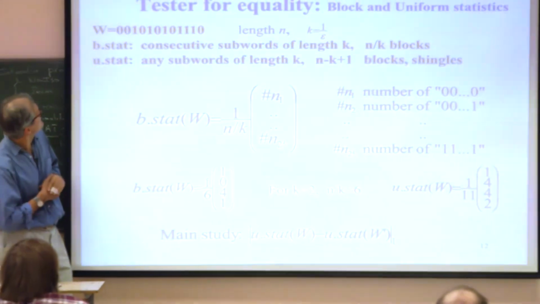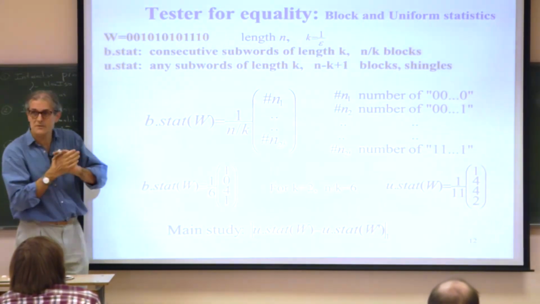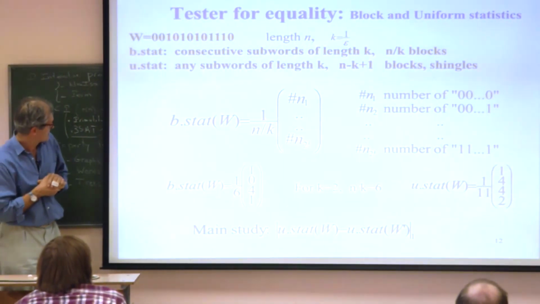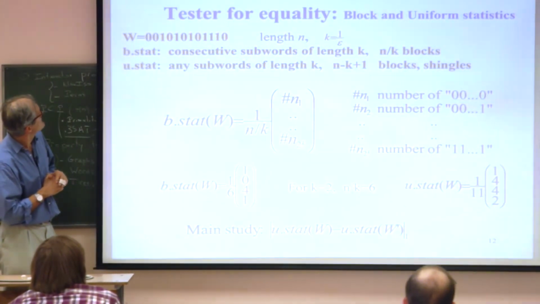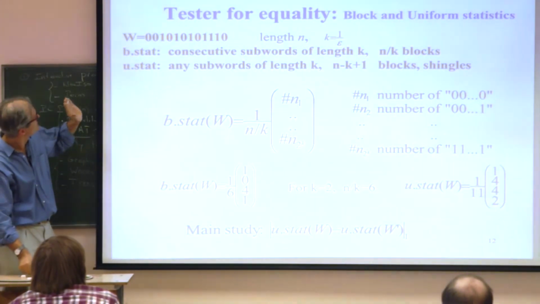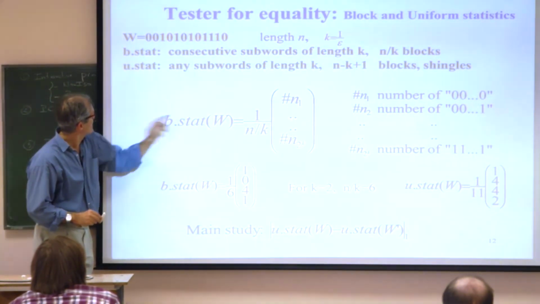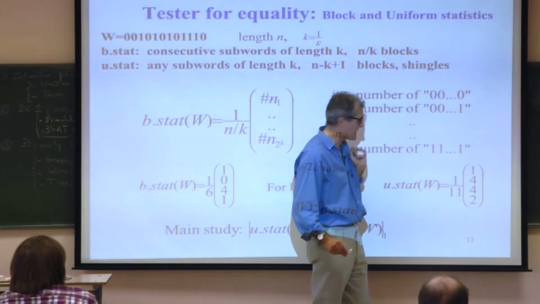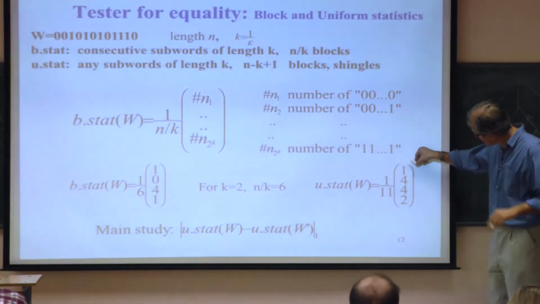All right. So now here are our first statistic vectors. We're going to enter the world of statistics, relatively simple statistics. When you go into statistics of words, there are two important statistics: the block statistics, which I write as B stat, and the uniform statistics, which I write as U stat. All of these look like density vectors.